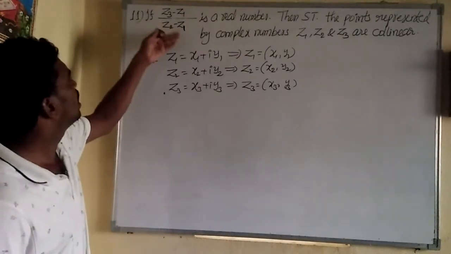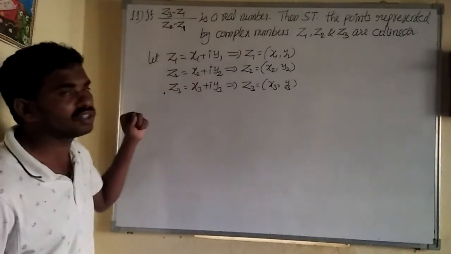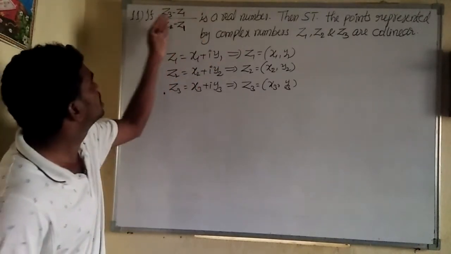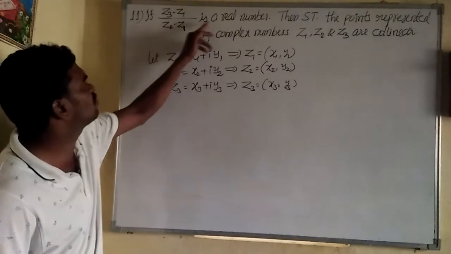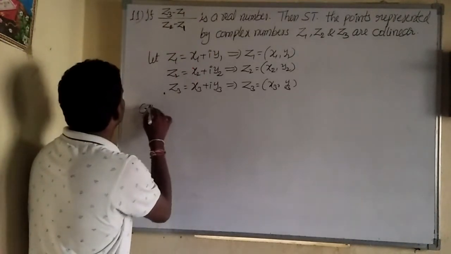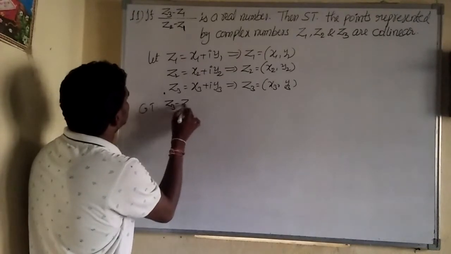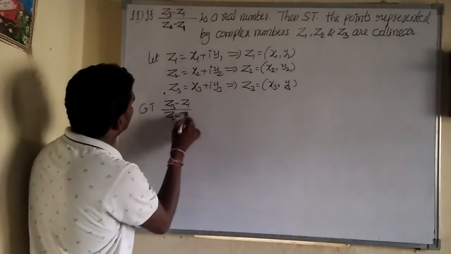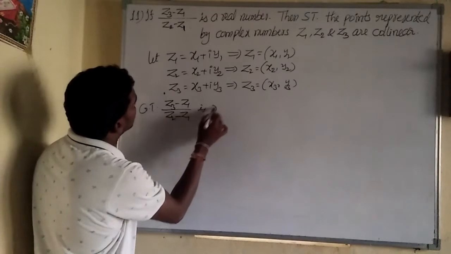First of all, z1, z2, z3 I wrote. And what is the given statement? (z3 minus z1) by (z2 minus z1) is a real number. So I'm taking that.